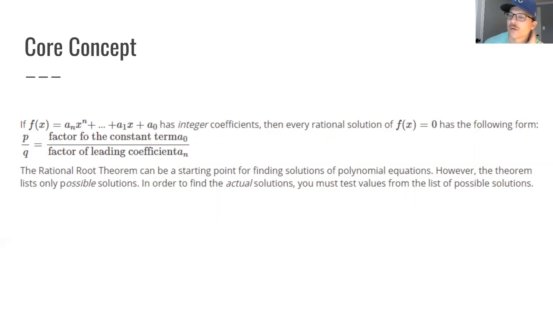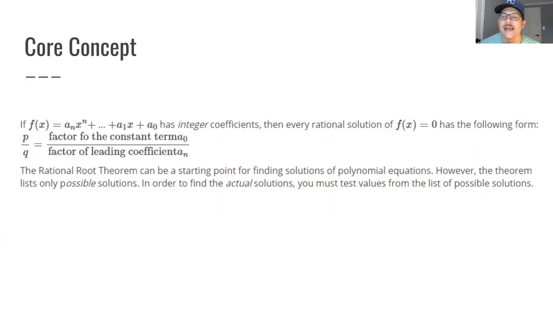Your constant term is that last number by itself in your polynomial equation, and the leading coefficient is that first number being divided by. It's a good starting point to find your solutions of the polynomial.